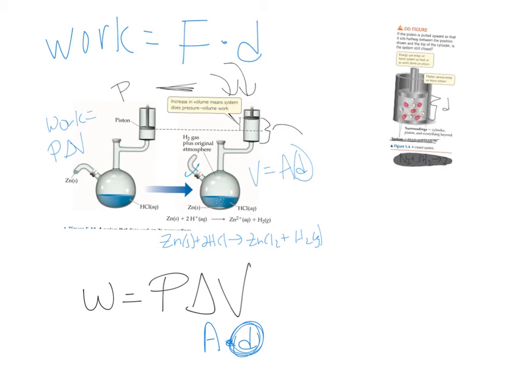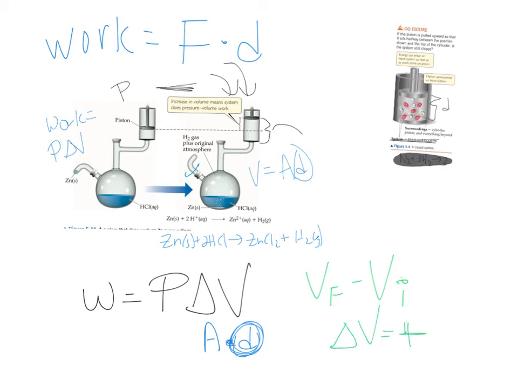Our area stayed the same. So let's look and see what the sign will be of our work, if it's going to be positive or negative. In this case, our change in volume is going to be our final volume minus our initial volume. And here our final volume is greater. So our gas was created, and our change in volume when our gas is created is going to be positive.